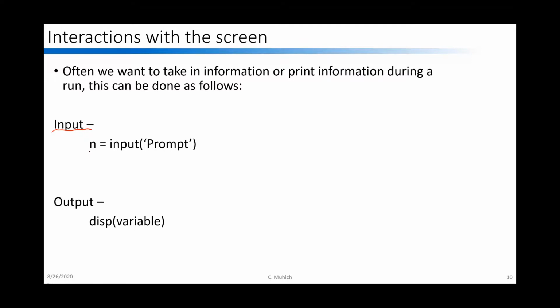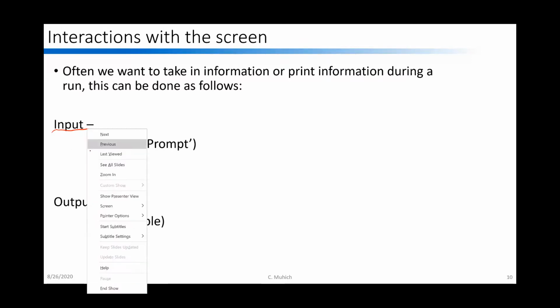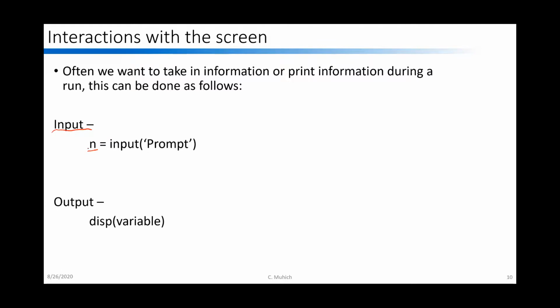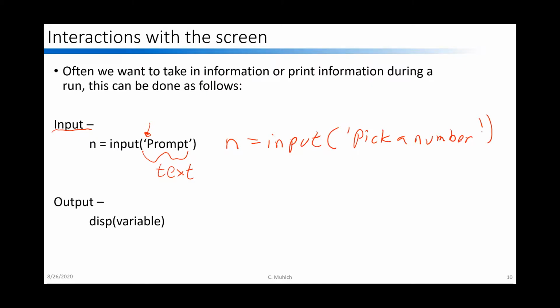So we tell MATLAB which variable we're interested in. So let's say n, and then we set n equal to the input, close parentheses, and then some sort of prompt. So this is usually some sort of text. And we use the quotes to tell MATLAB that it should display the text. So for example, we could say n equals input 'pick a number' and store that in n.